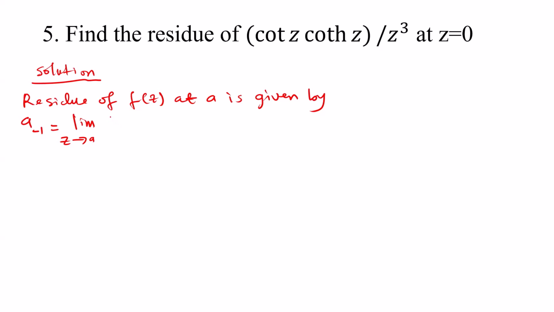1 over (m minus 1) factorial, d to the power m minus 1 over dz to the power m minus 1 of (z minus a) to the power m f of z.